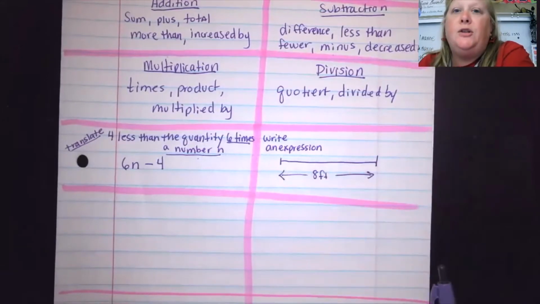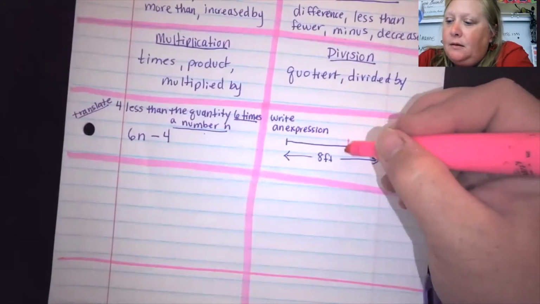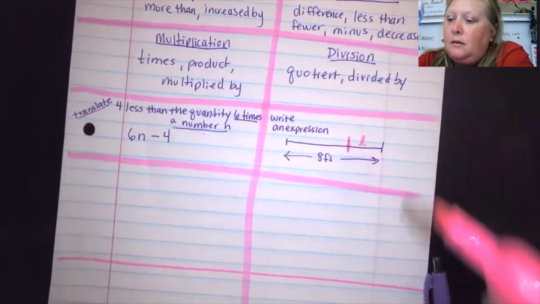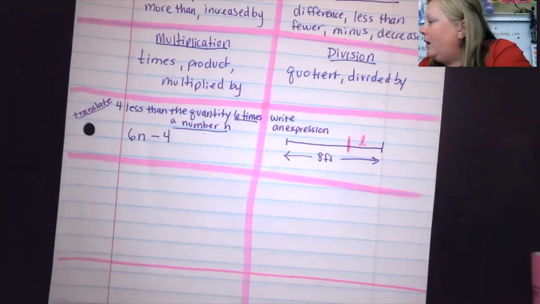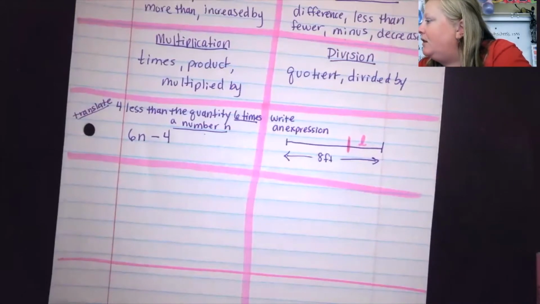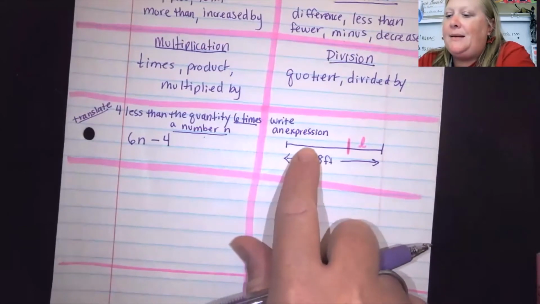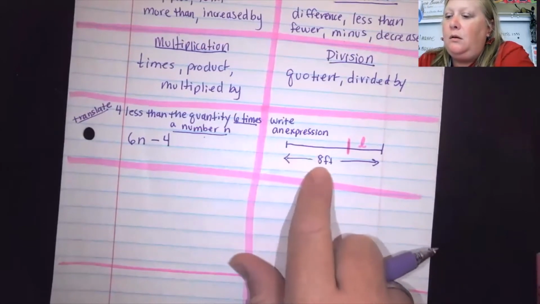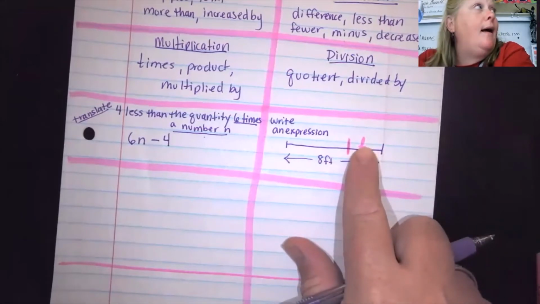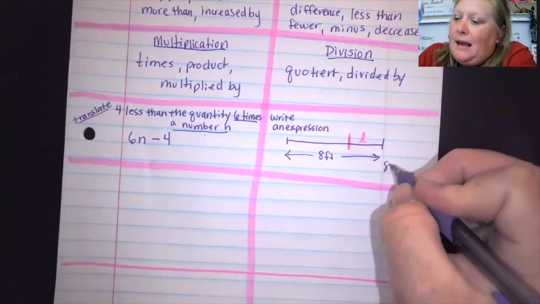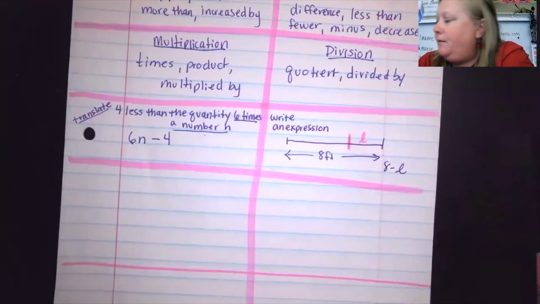And I'm going to chop from it L amount. And the question is, write an expression for the length of the remaining piece. Well, that's easy. It was 8, and you take away L, so it would be 8 minus L. That's pretty easy.